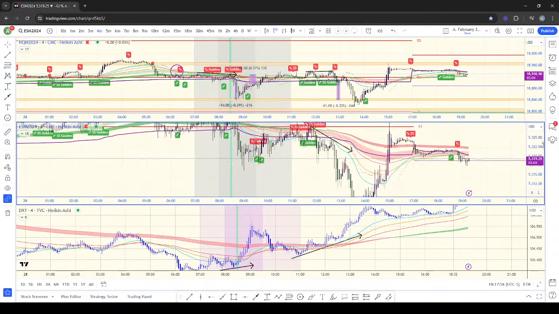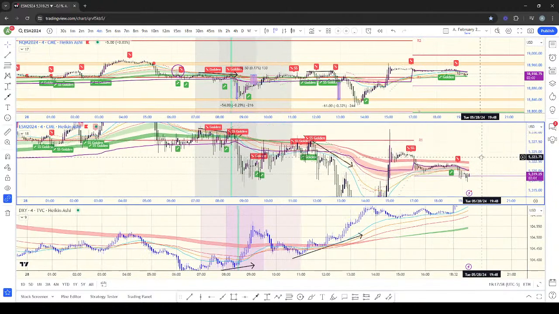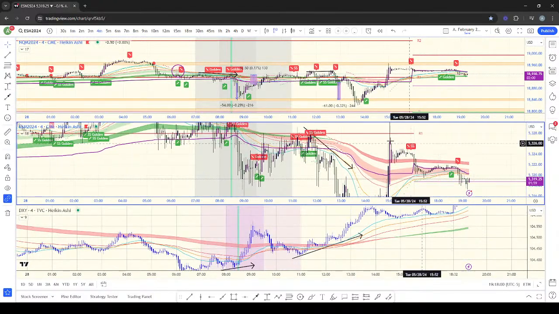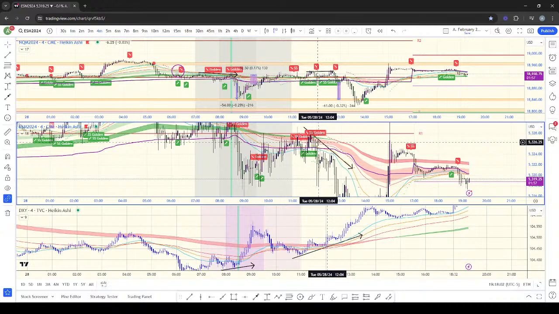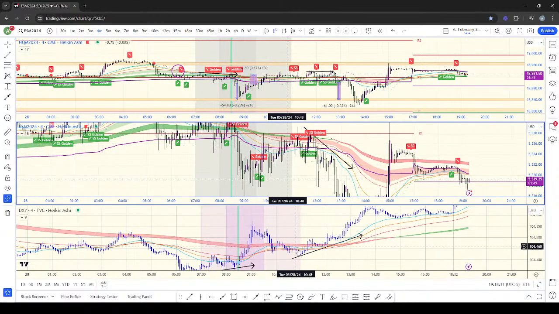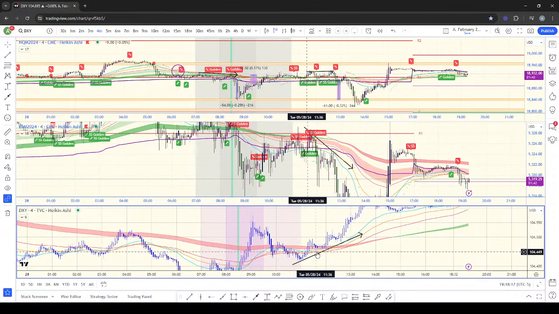On the flip side over here on ES, you have it going the other way, red, orange, and teal going downwards. So price is underneath the sequence on ES, and on the dollar index, price is above the sequence right here.